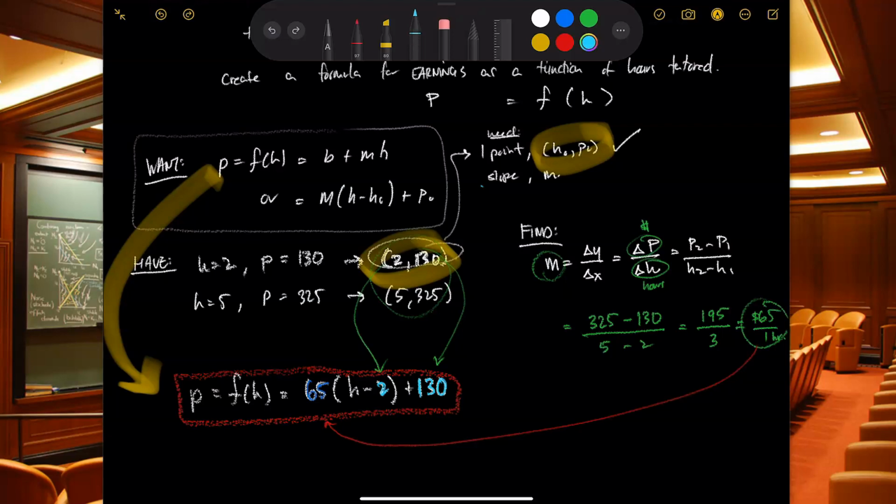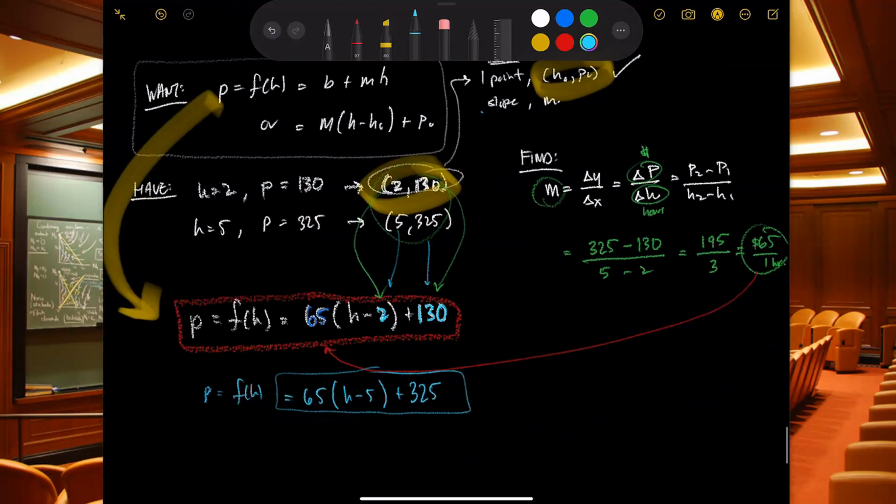Another way you could go about this, again, is to use this 325. It would be the same thing: 65 times (H minus 5) plus 325. These are actually equivalent, okay? So now this is where it can be confusing, because how can it be the same line if it's got different parameters?